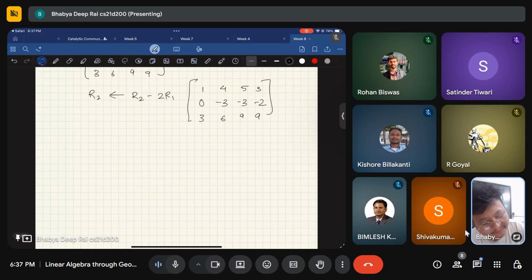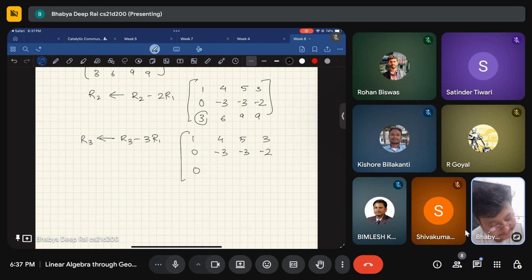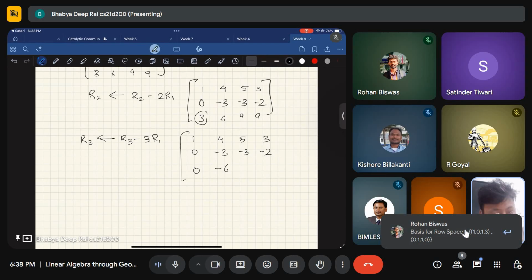Now I try to remove this one, so I'll do R3 minus 3R1. So what do I get? I get 1 4 5 3, 0 minus 3 minus 3 0, and 6 minus 12 is minus 6, 9 minus 9.